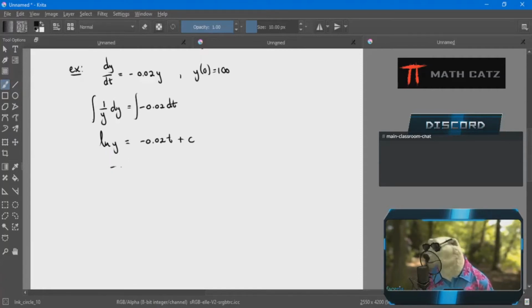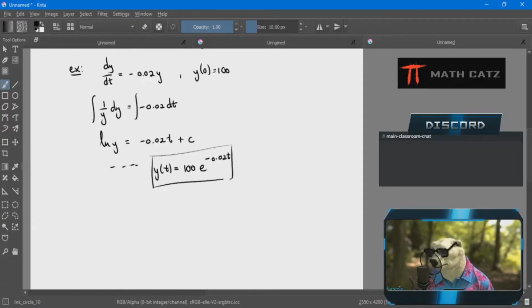Same as before, I'll spare you the details. It's going to result in a function that has my initial amount. I wouldn't call it the initial population size. In decay problems, we don't talk about a population. A population is something that grows. Some amount could change and decrease though. And e to the negative 0.02 t.